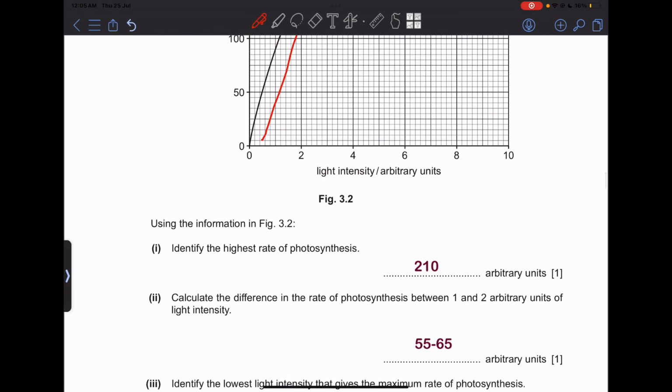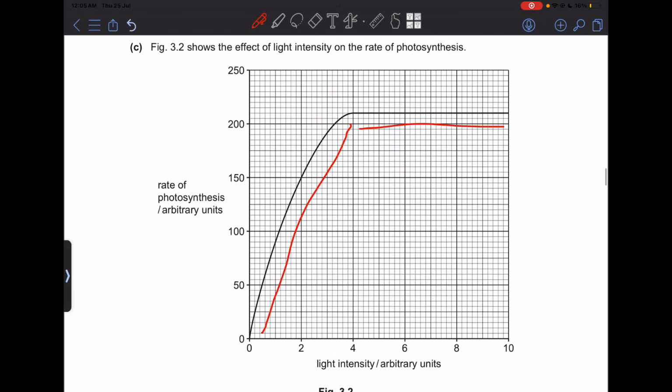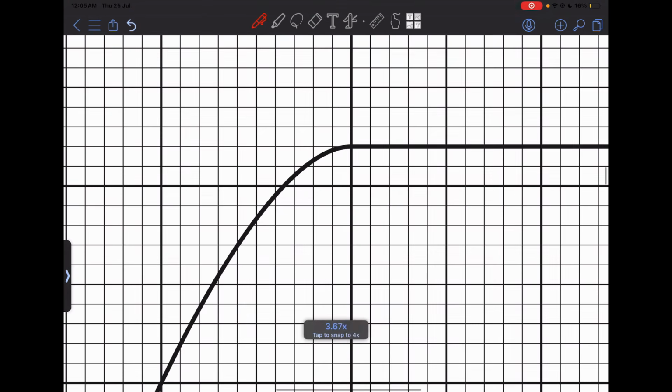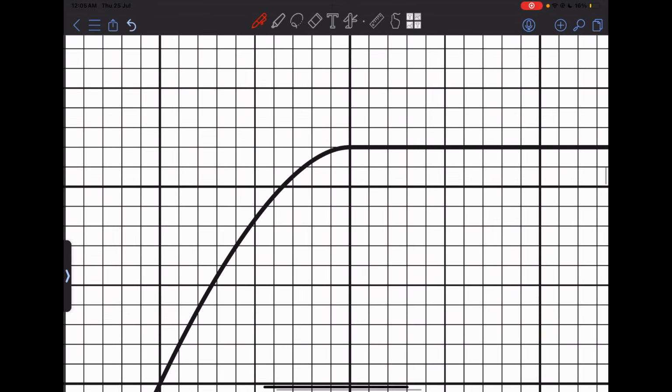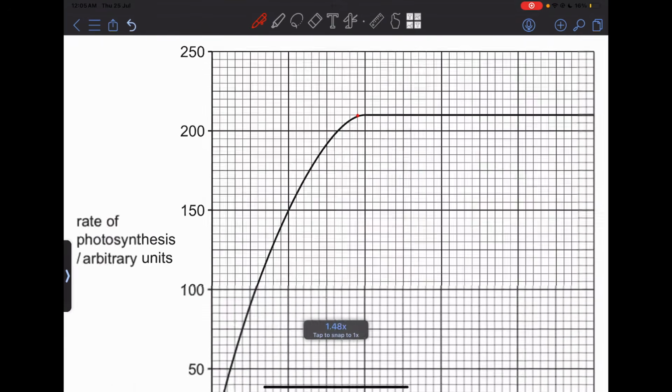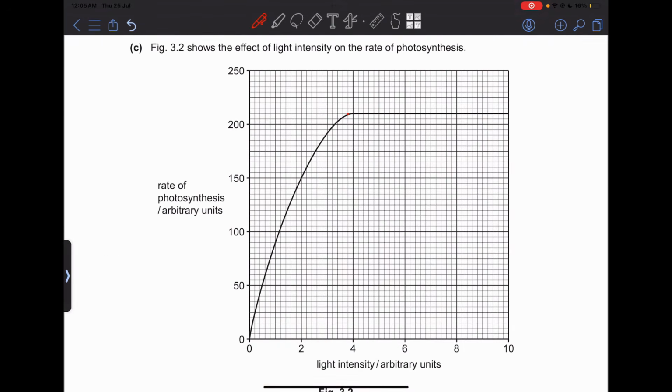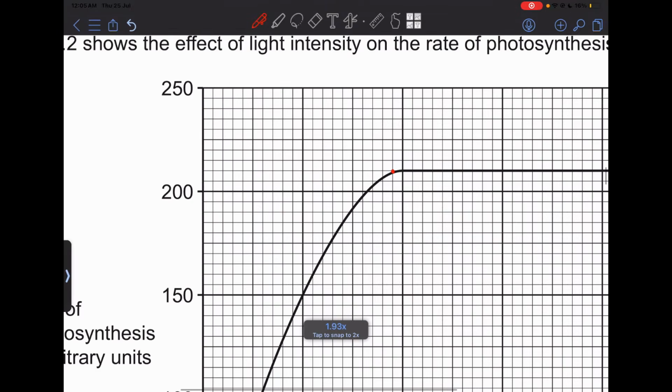Using information in figure 3.2, identify the highest rate of photosynthesis. So how do we find this out? You're going to go to the highest point, which was around here, and this is around 200 and this is around 210 over here.